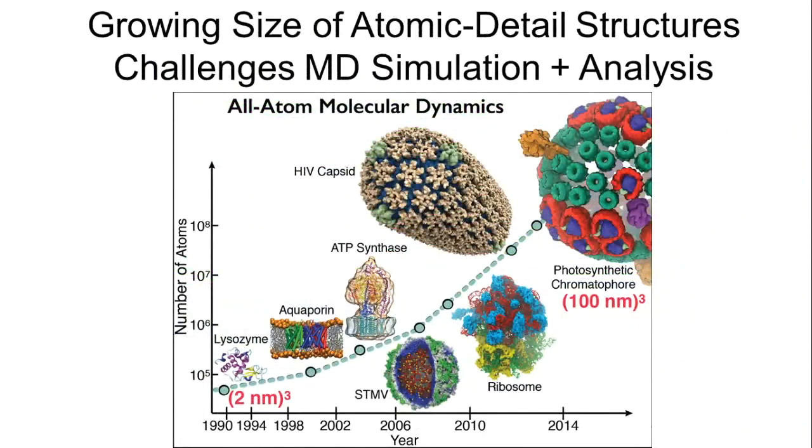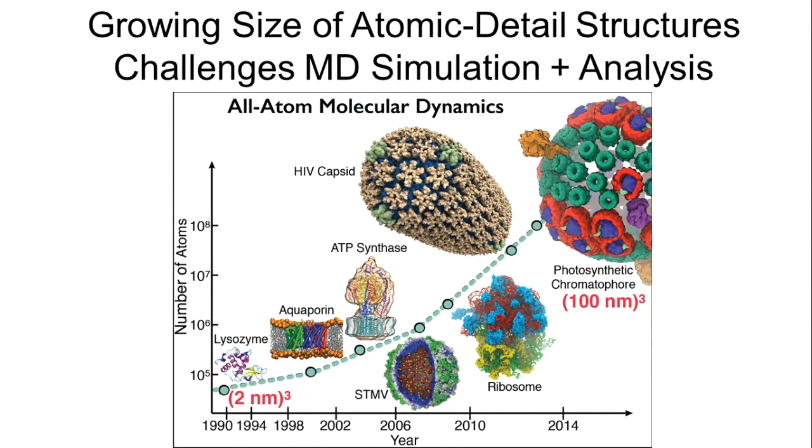One of the problems we always face is the experimentalists have been so successful in their imaging that they have, over the last 2 decades, made huge progress in the size of atomic detail structures that they've been able to resolve. And particularly now with the impact of cryo-electron microscopy in its heyday, we're really seeing the size and the reach of the structure information grow; the size of very large viruses can now be had at atomic resolution.